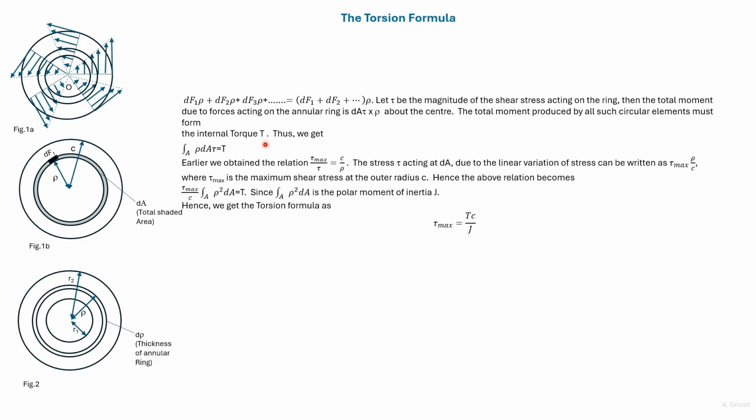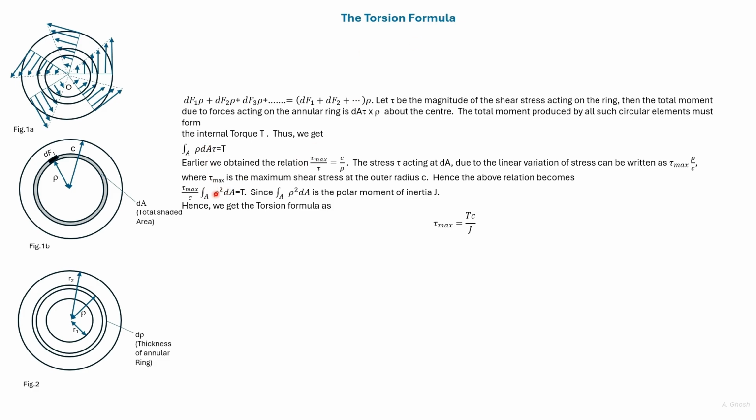Now tau, as we have earlier found, has a relationship with tau max as shown here. So tau can be replaced by tau max into rho divided by C. So in this equation, we have replaced tau by tau max.